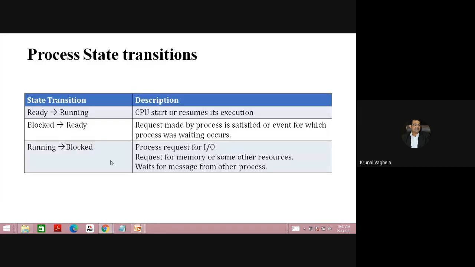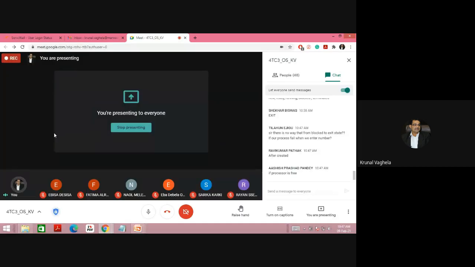Here it is written: when the CPU starts or resumes its execution. Block to ready. When block to ready, I have just explained when the transition will happen.